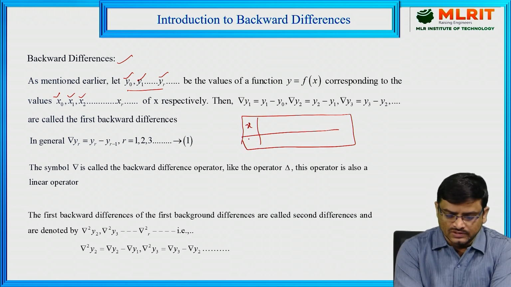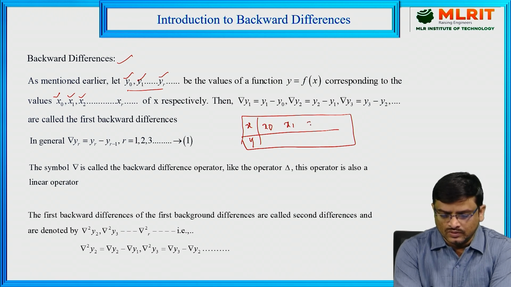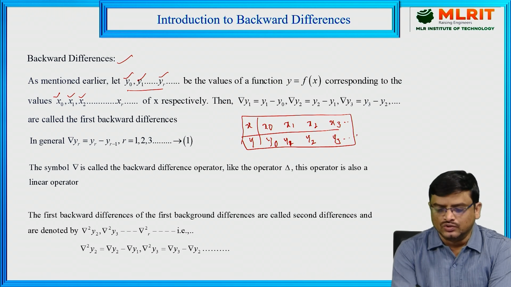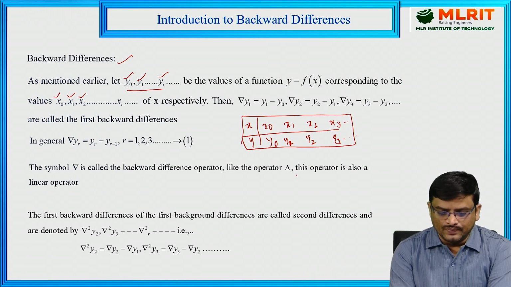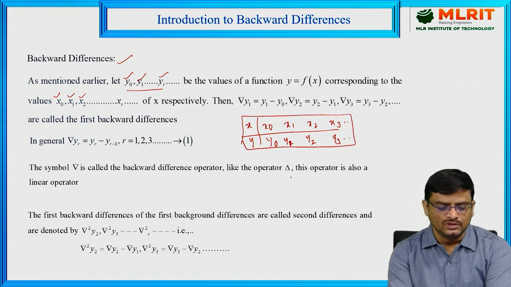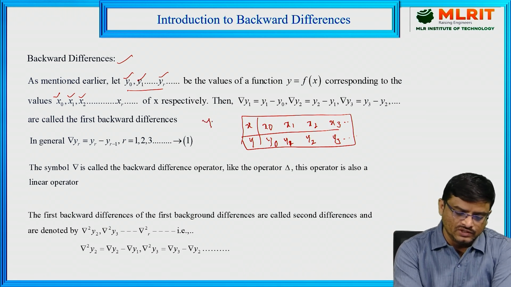So x, y: x0, x1, x2, x3 and so on, and its corresponding y values as y0, y1, y2, y3 and so on. Okay, so in our hand these are the values of x and its corresponding y values, and the function is an unknown function, that is y is equal to f of x.